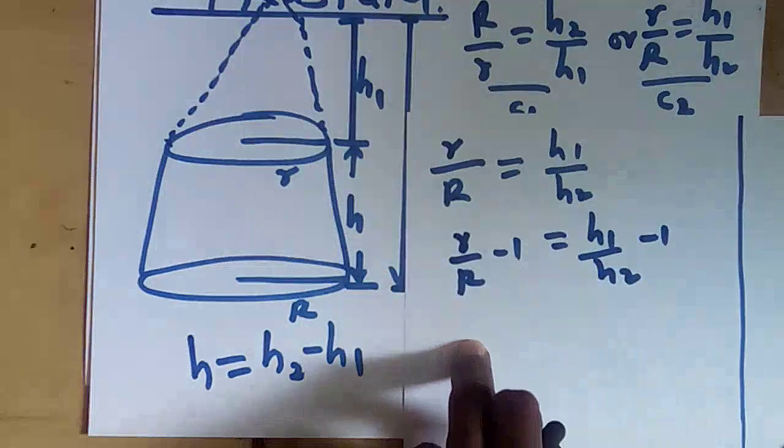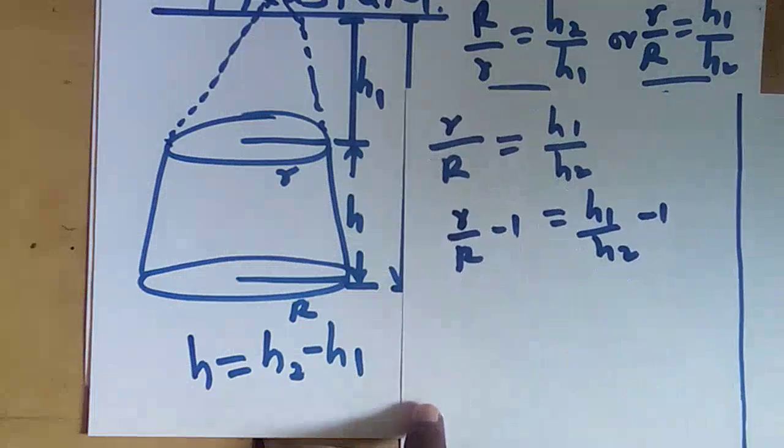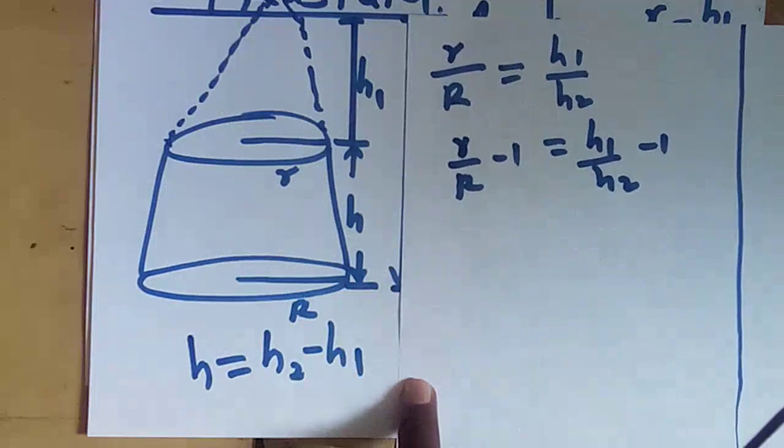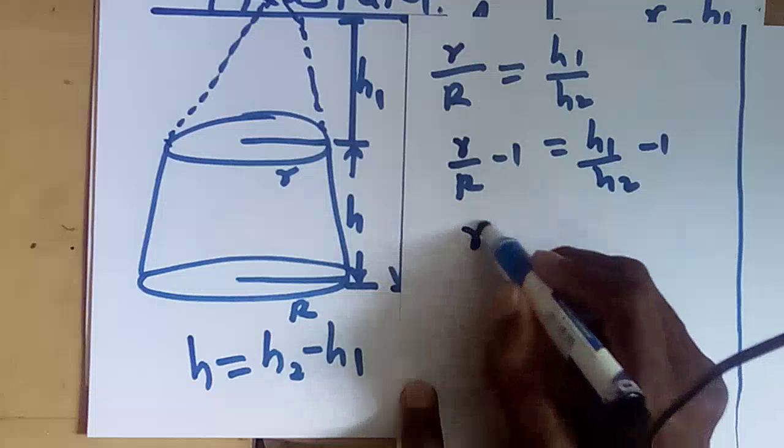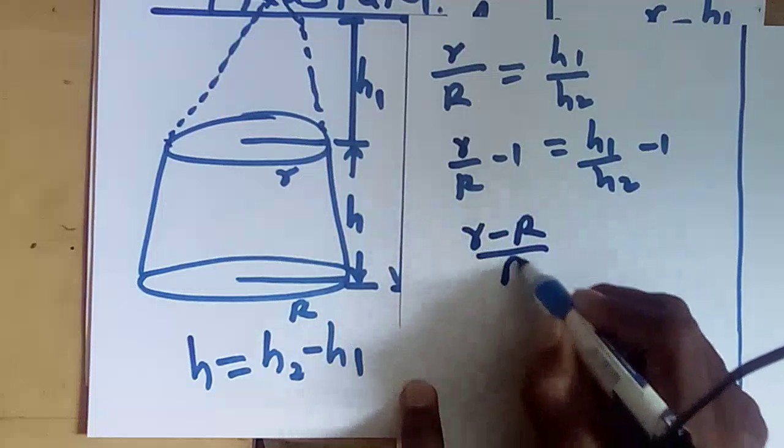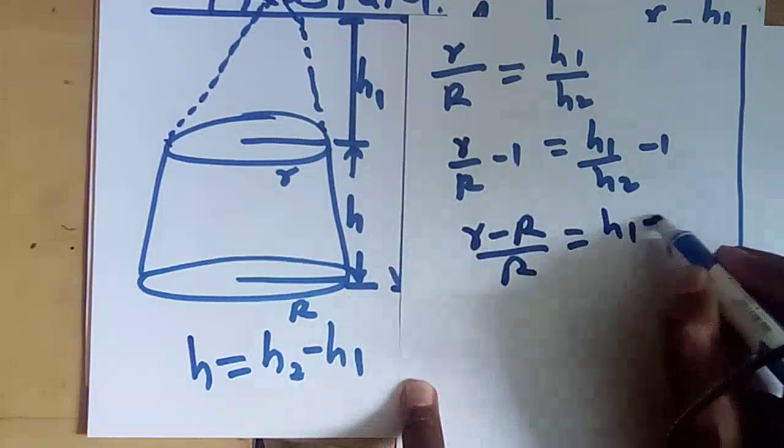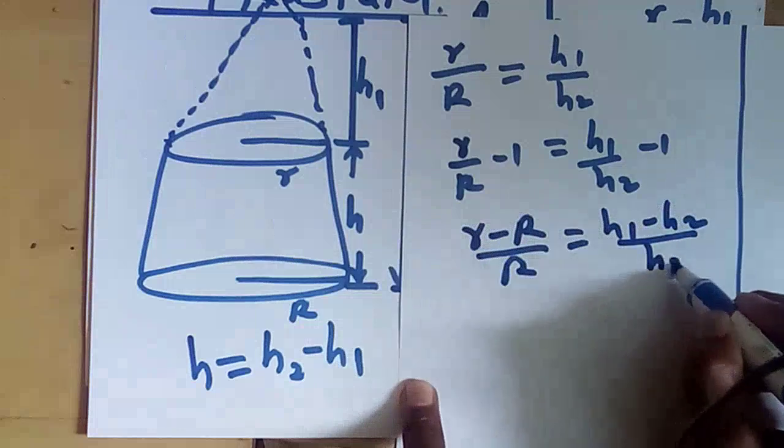Putting them together, let's see what is coming up. For this case, you're going to have r minus R over R equals h1 minus h2 over h2.